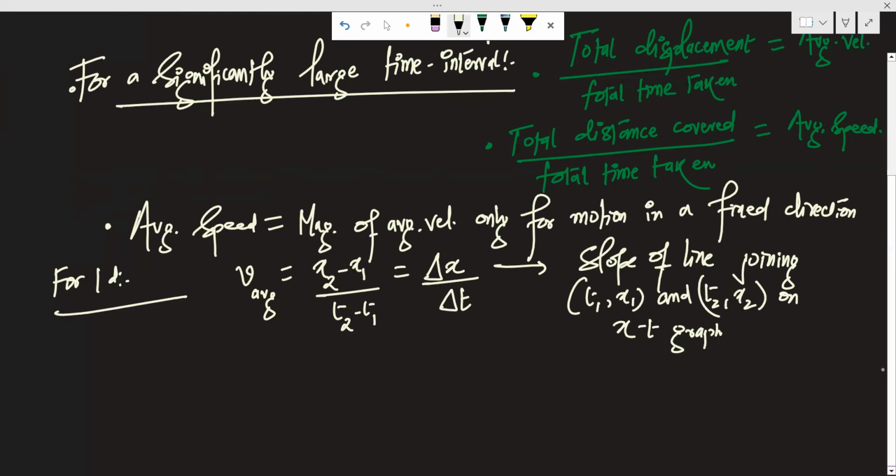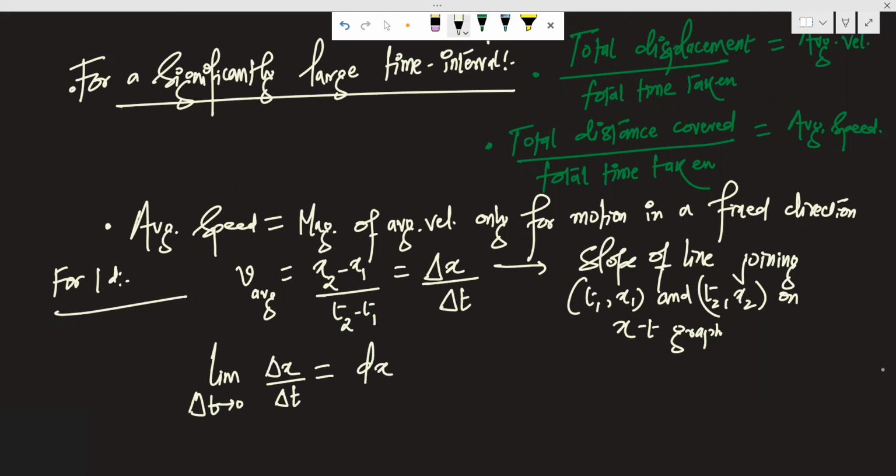On the other hand, if you take the limit delta t tends to 0, then delta x by delta t will be the derivative of x with respect to t, which is known as instantaneous velocity.